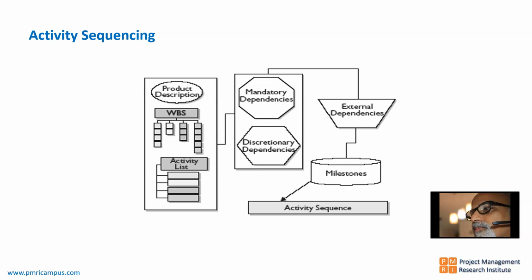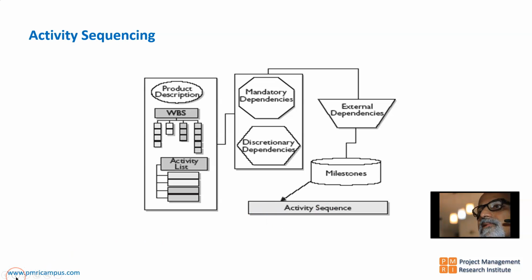But for large projects, different expert groups are invited and they decide the activity sequencing. The project manager has to just oversee it, because a project manager is not expected to have domain knowledge on all these domains. That is impossible.